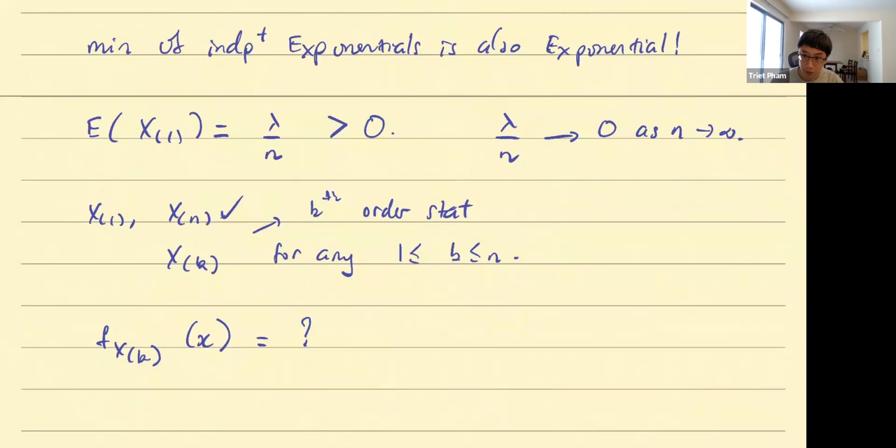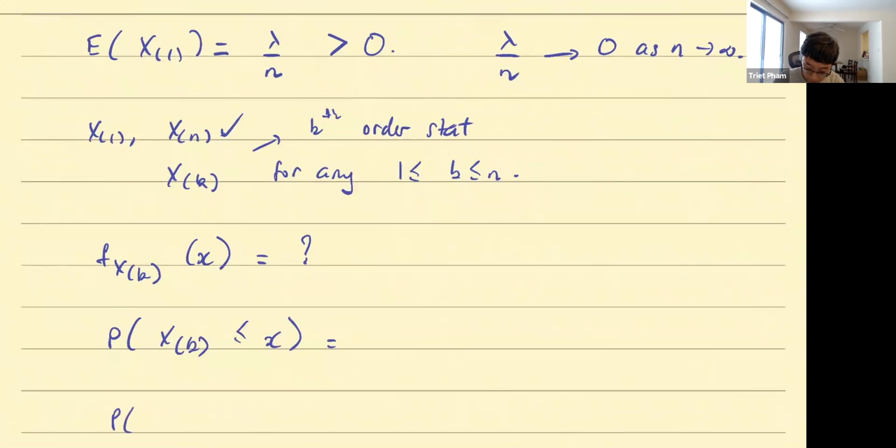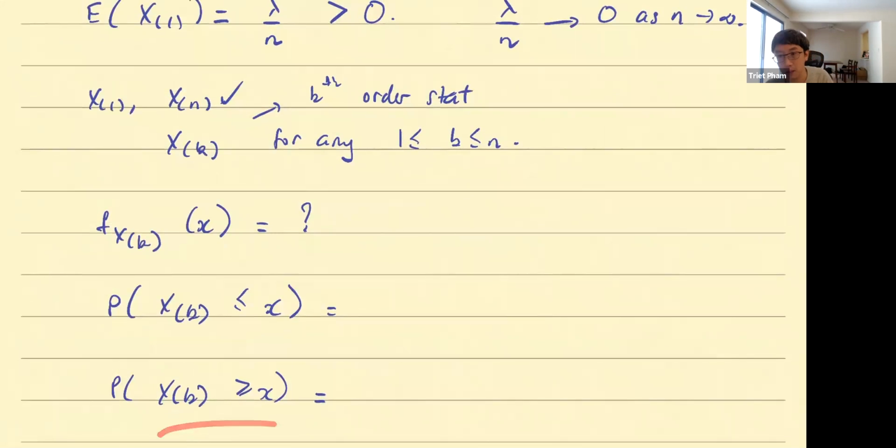So let's start with a naive concept. Before, we had some good success with looking at this kind of relation. Does it work here? Is it helpful to consider this kind of relation in this context for the kth order statistic?